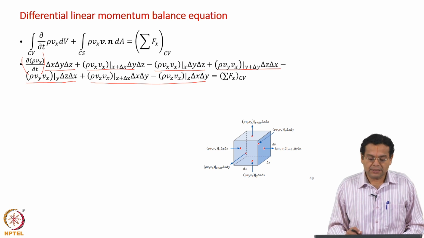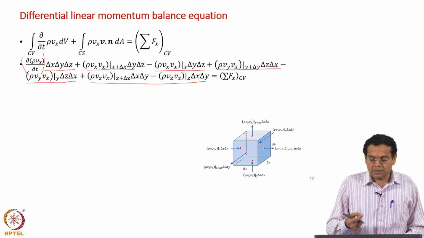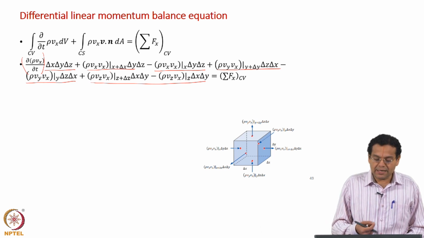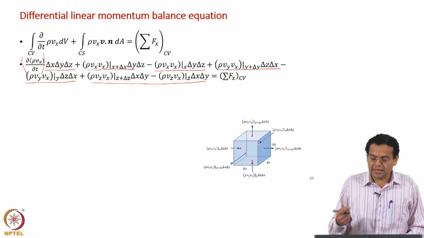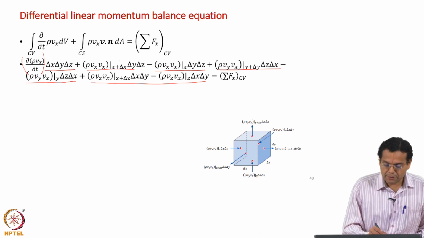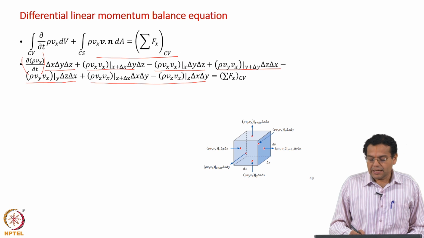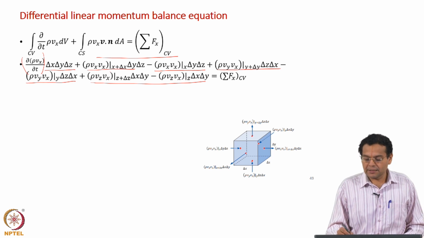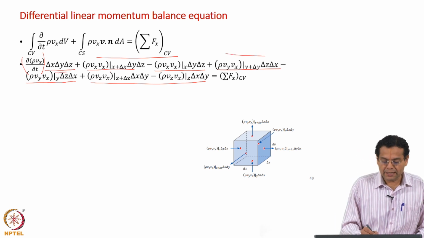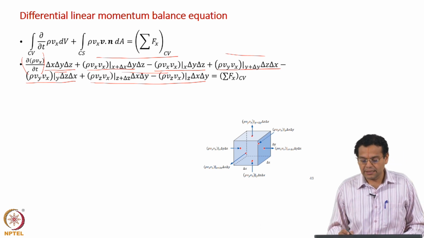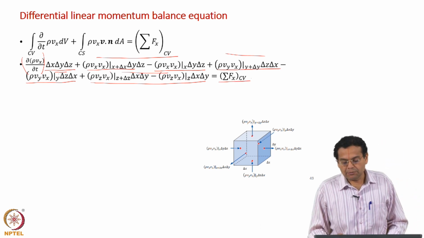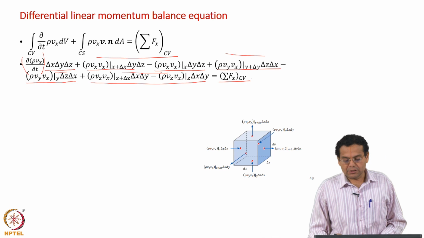Remember, all represent rate of flow of x momentum. The mass flow associated with different directions carries with it the x momentum. So these two represent mass flow leaving and entering along x direction, these two for y direction, and these two terms for z direction, and on the right hand side we have the sum of forces acting on the control volume.